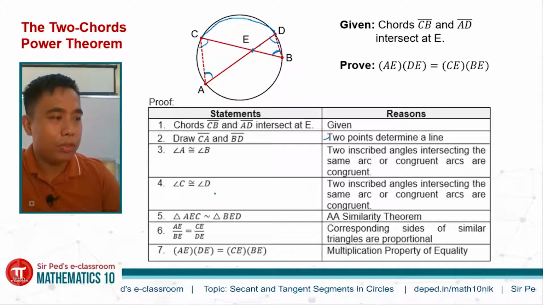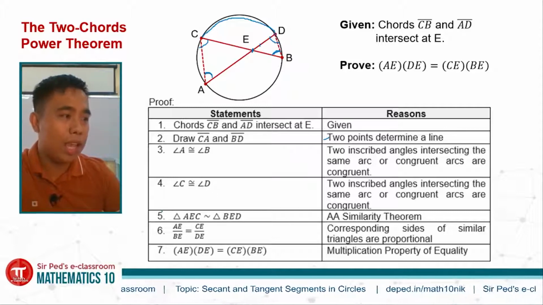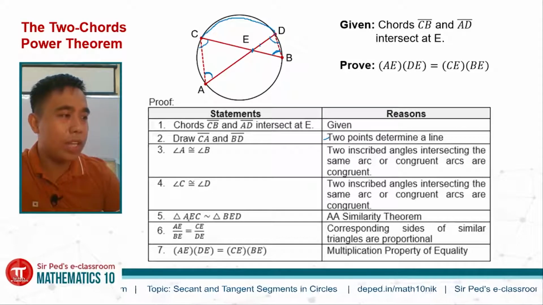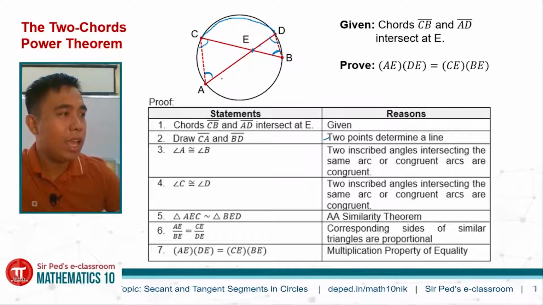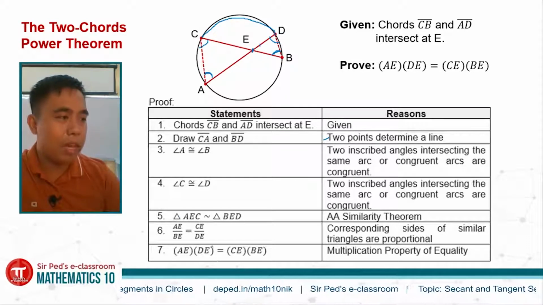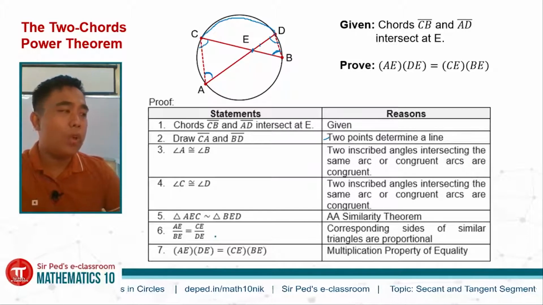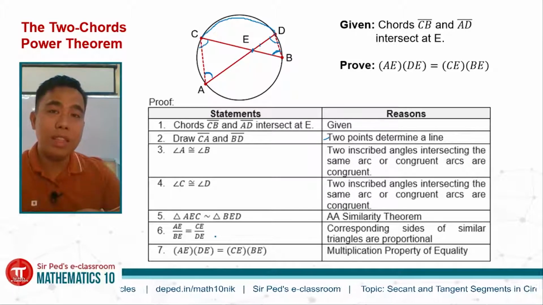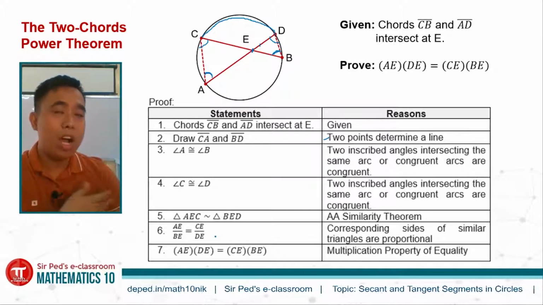So they are congruent. So we can now say that the two triangles, triangle AEC, this triangle, is similar to triangle BED by AA similarity theorem. Again, we can now say that their corresponding sides are proportional.